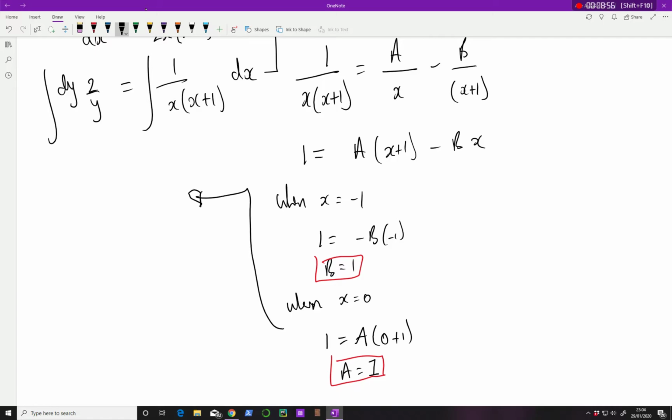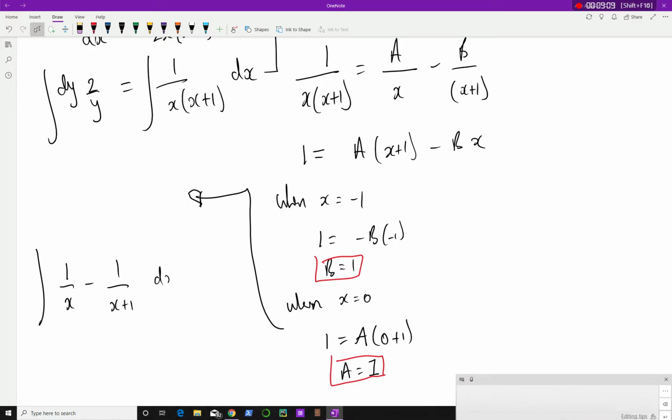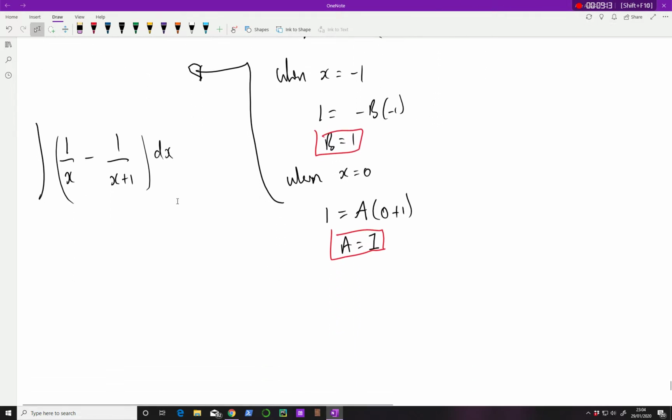So that means this expression here, the integral, actually becomes 1 over x minus 1 over x plus 1 dx. And these are very easy to integrate.